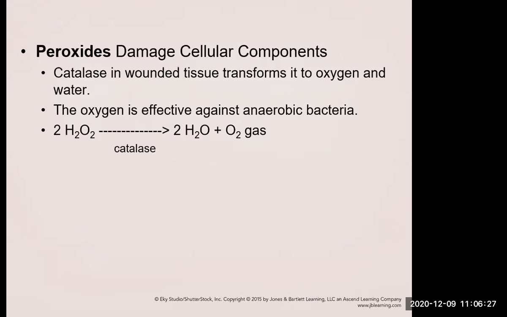So this is commonly used on skin surface, so like scratches, little abrasions. But the text recommends not using it on deep open wounds, because it can be damaging to our tissues. But since it produces O2, so molecular oxygen, this is effective against anaerobic pathogens, because that oxygen is going to cause them to die.